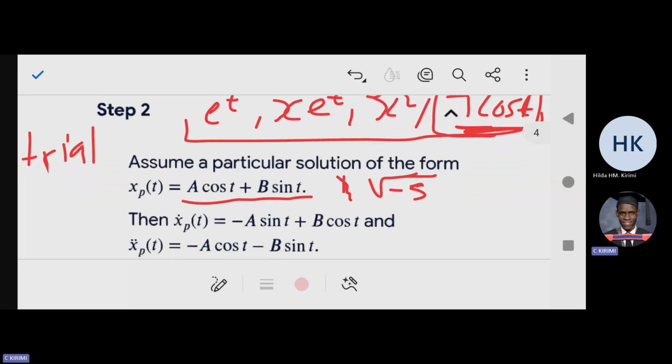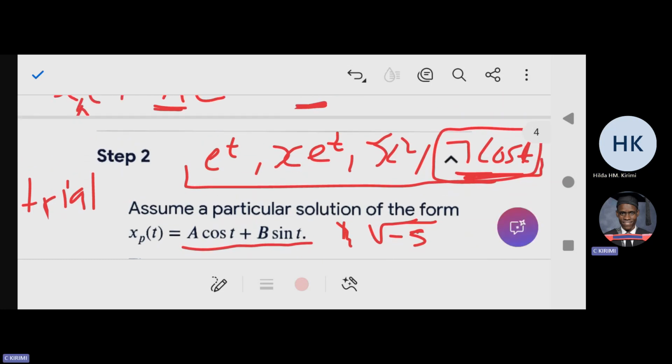You differentiate to get the first derivative of that particular solution. When you differentiate this one, what do you get? We are differentiating with respect to time. You get minus A sin t plus B cos t.